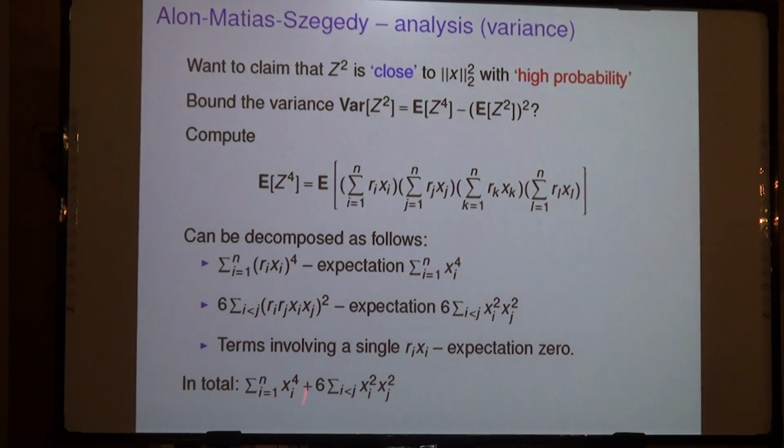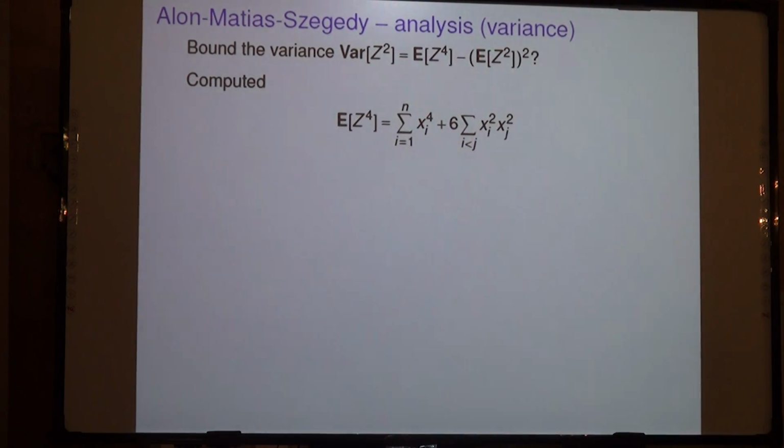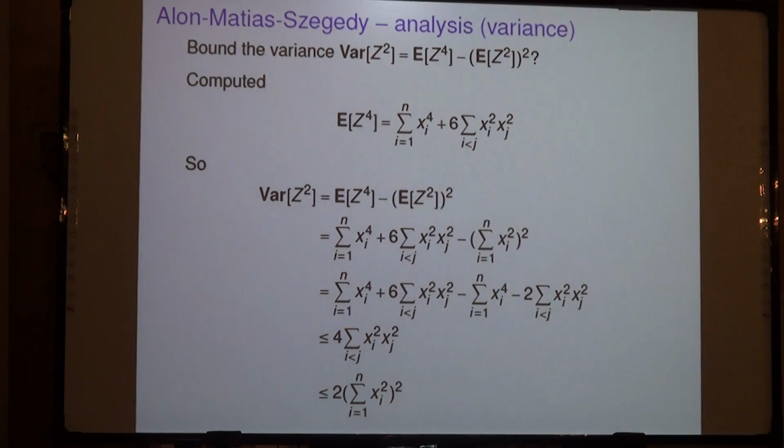Good. So hence, the fourth moment is exactly equal to this quantity: the sum of the fourth powers of xi plus 6 times these cross terms. Any questions? Okay, good. Now let's just do some computations.